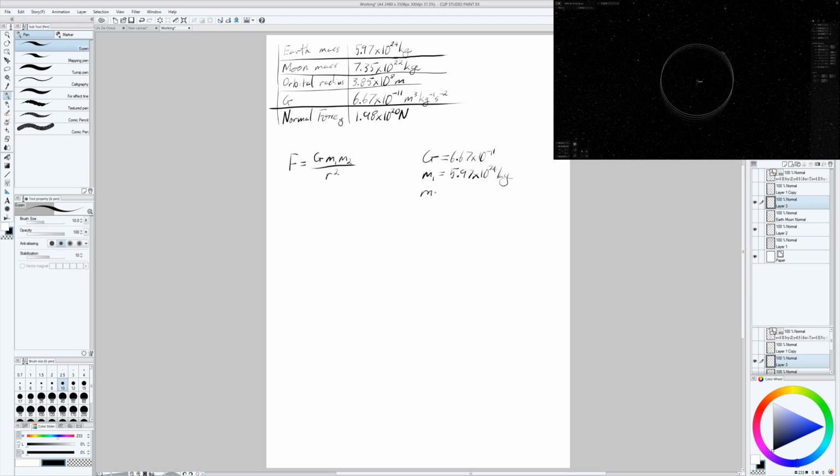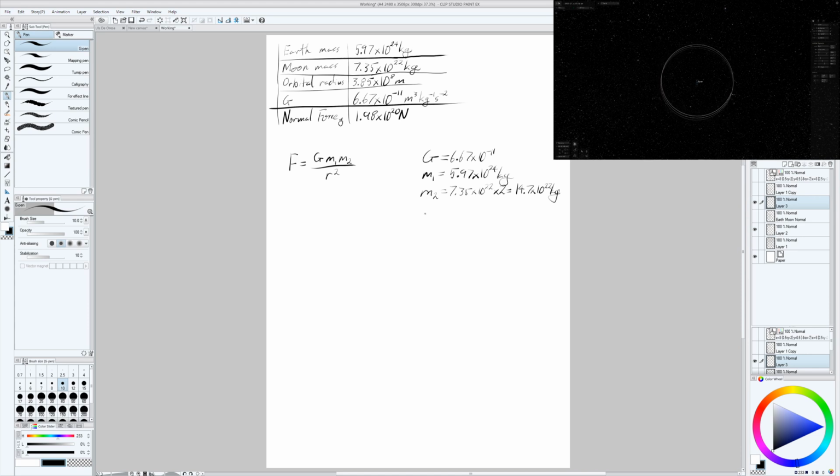Then we have mass 2, which is equal to the Moon's mass, which is now double, because we doubled that. So that's 7.35 times 10 to the 22 all times 2, which is equal to 14.7 times 10 to the 22 kilograms.